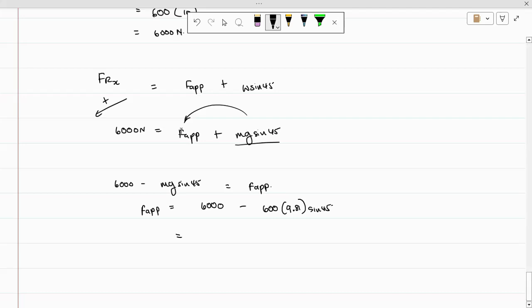If you put that into your calculator, that gives you a force applied of 1837.97 or 1838. Or you can say this is 1.84 kilonewtons down the slope. Okay, so that is your force applied.